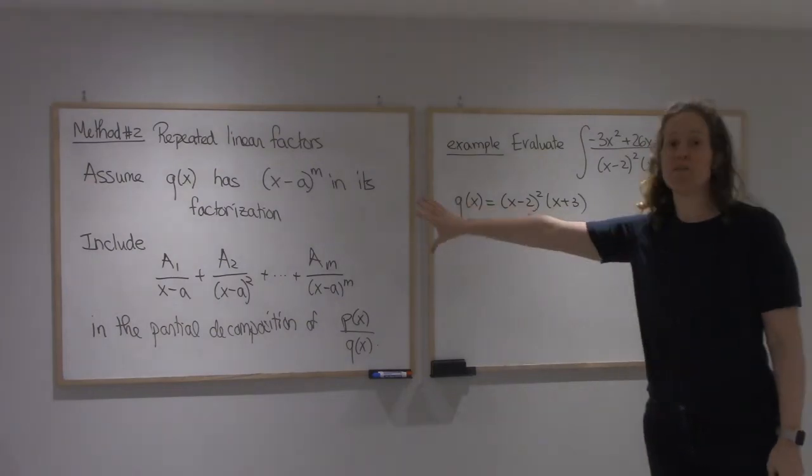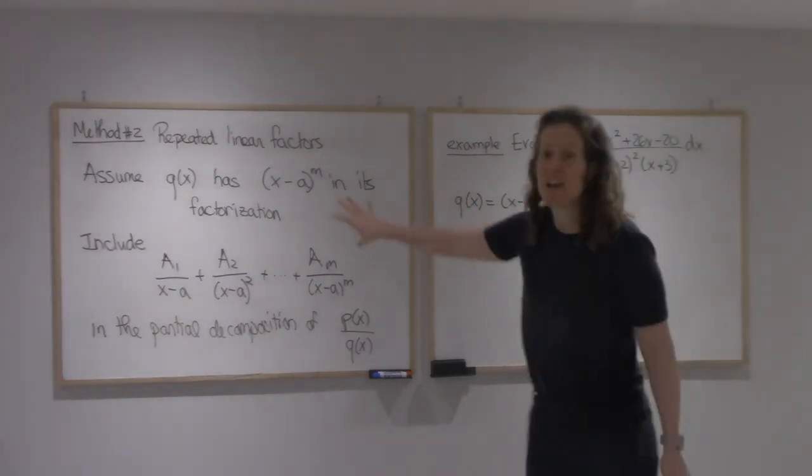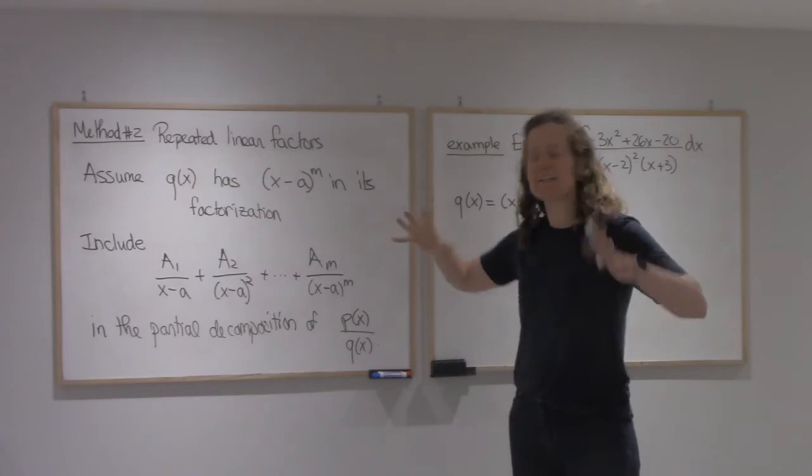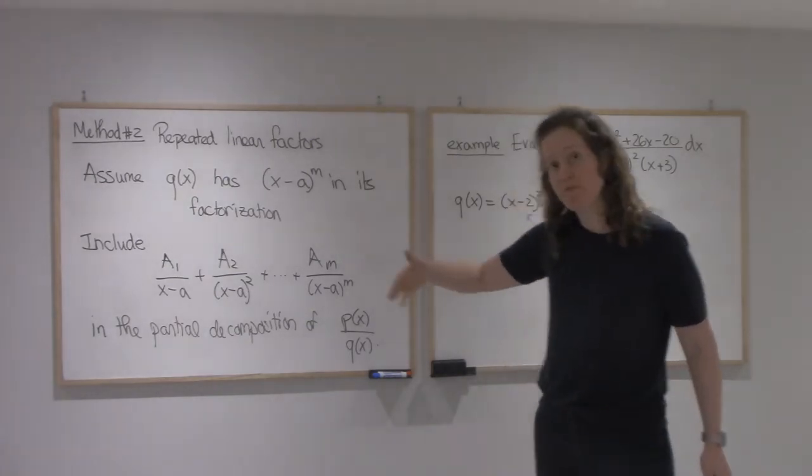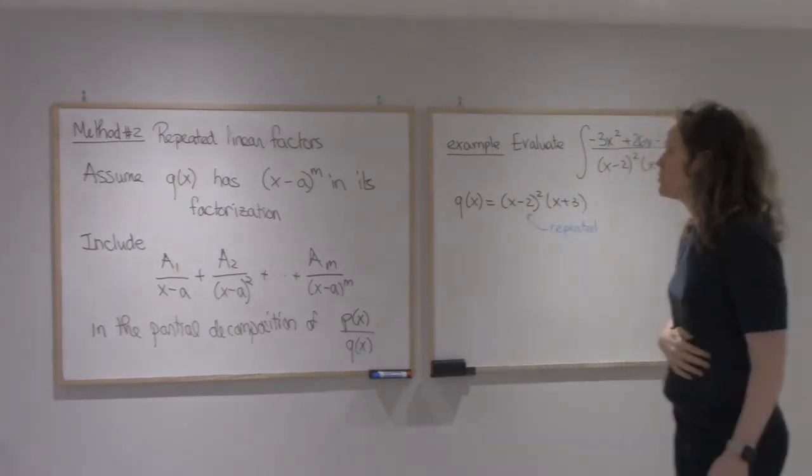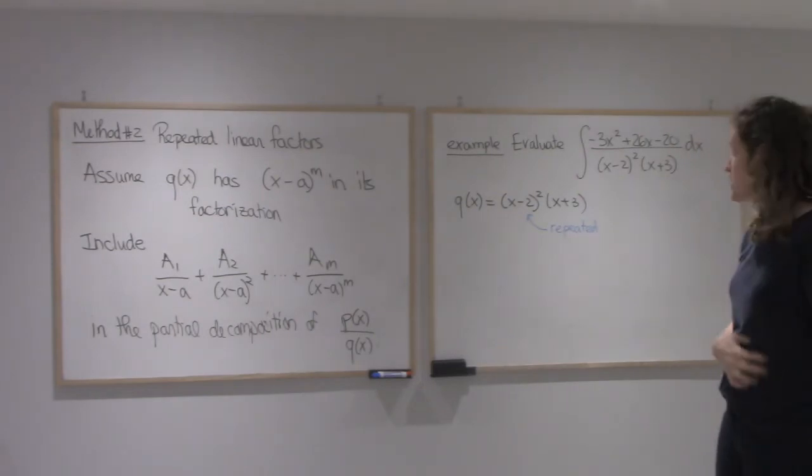That means I'm going to have to apply method 1 with this addendum that says if you have a repeated factor, you need to include more terms for that particular x minus a.